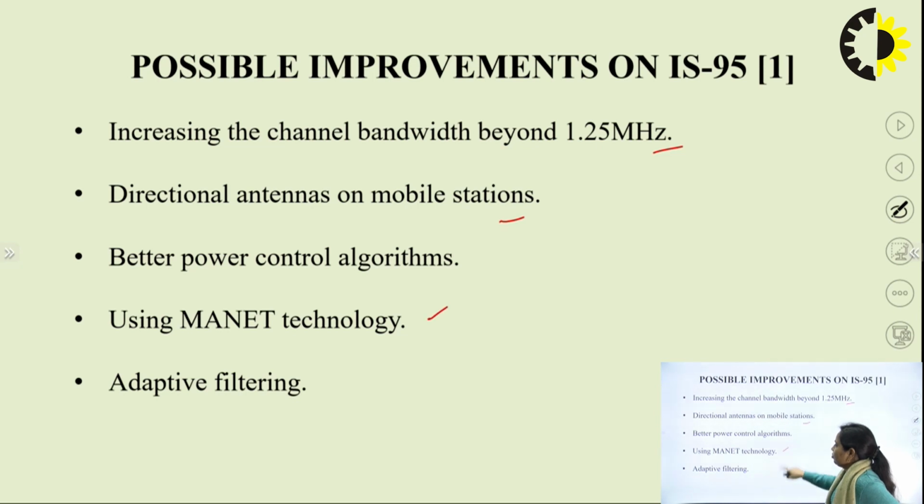Next is using MANET technology, that is the mobile ad hoc network. Whenever such a network is set up, it is not permanent, it is temporary in nature. Last one is adaptive filtering. The filtering is adaptive in nature, meaning it is going to change.